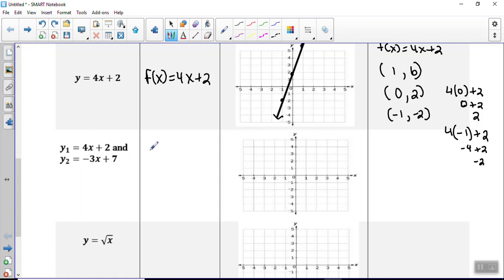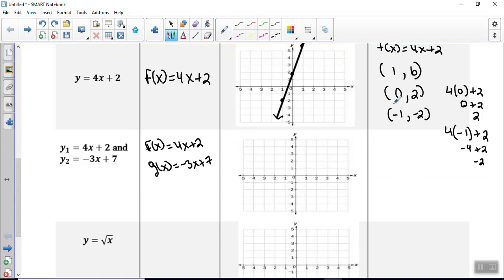So when we're talking about two different functions in one problem, we're going to say f of x is equal to 4x plus 2. And then for y2, I can use any other letter. So I'm going to put g of x equals negative 3x plus 7. And then when I graph it, I'm going to graph two different functions. I'm going to have two different graphs. Okay?